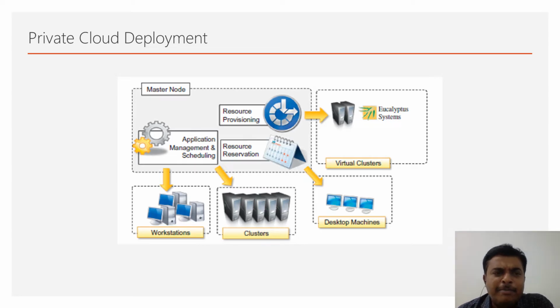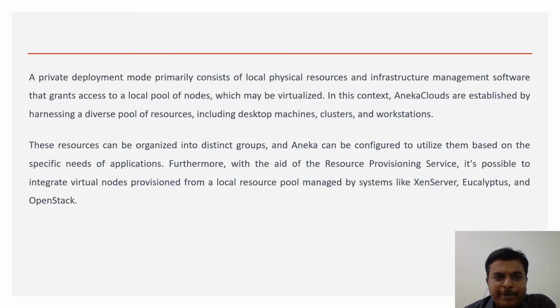Okay, this is how a private cloud can be deployed. A private deployment mode primarily consists of local physical resources or infrastructure management software that grants access to a local pool of nodes which may be virtualized. So the locally available physical resources can be formed into a pool, and they will be virtualized using any virtual machine software.